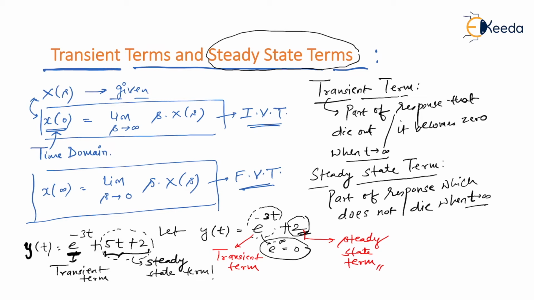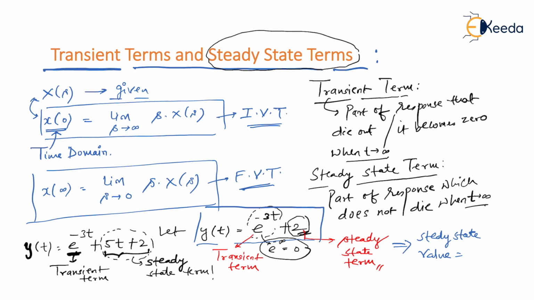Now let us again discuss this in detail. For example, if I'm talking about this, and you want to know what is meant by a steady state value. Please don't get confused between steady state term and steady state value. Steady state value, as the name implies, is the value of y of t when t tends to infinity.